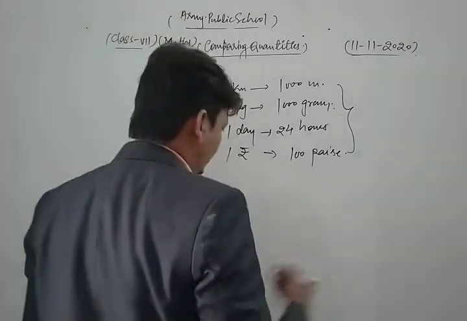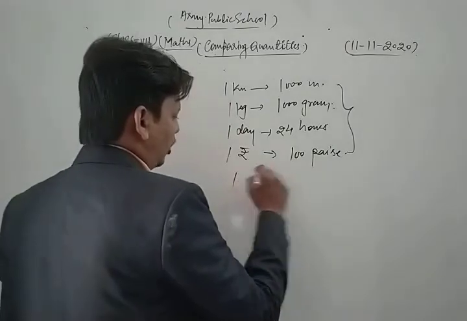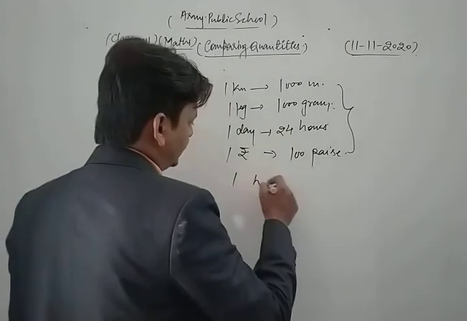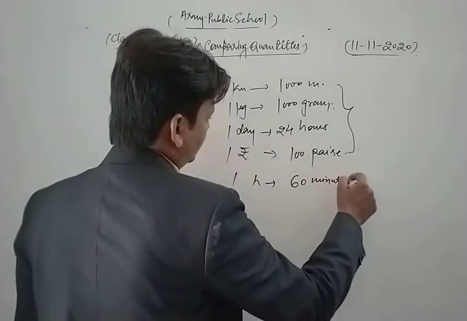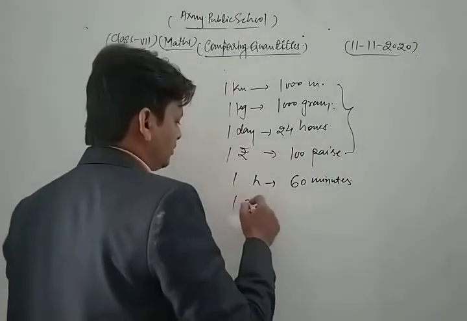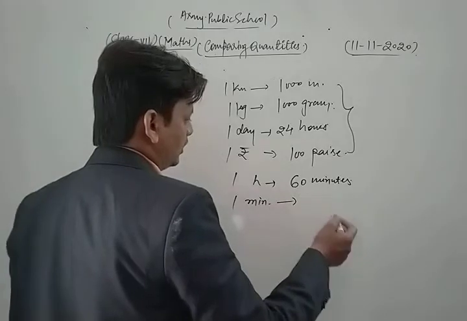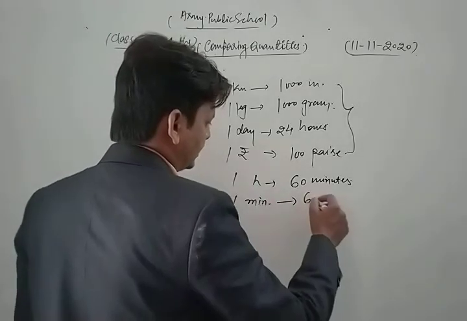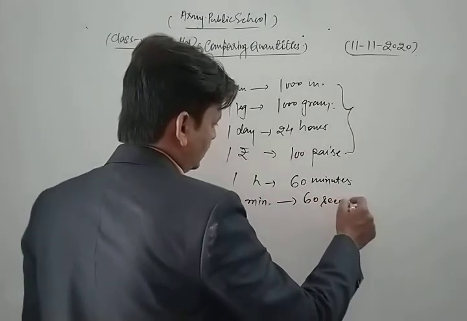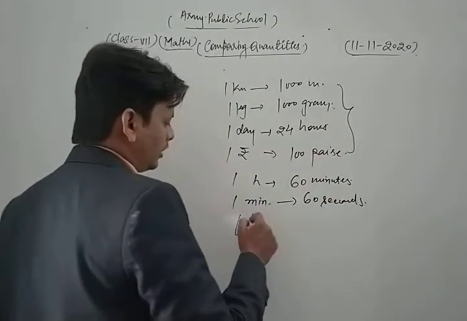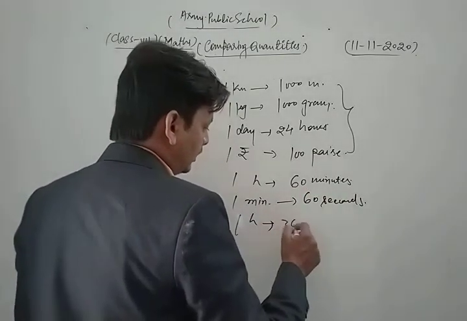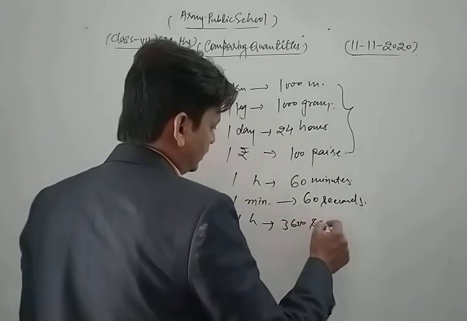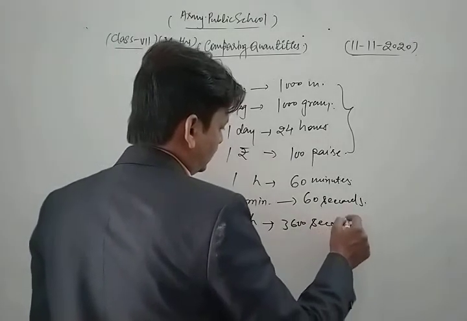Now, one important thing: how many minutes in 1 hour? You know that in 1 hour there are 60 minutes, and in 1 minute there are 60 seconds. And in 1 hour, how many seconds? Dear students, 60 into 60, that is 3600 seconds.